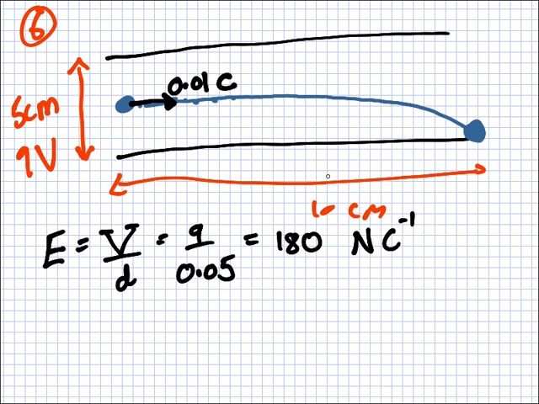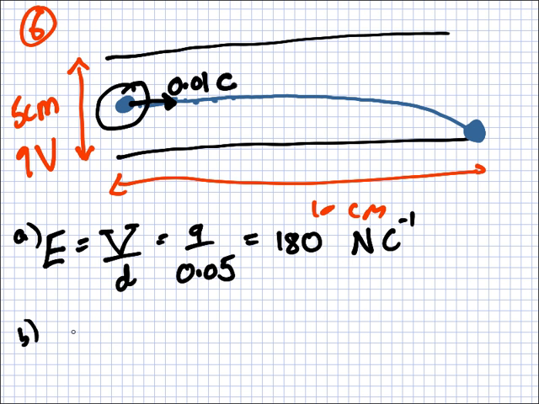Now, part B. By using conservation of energy, calculate the final speed of the particle. Okay. So tell me, what type of energy does it have at the beginning when it's here? Potential, certainly, and kinetic, because it's moving.